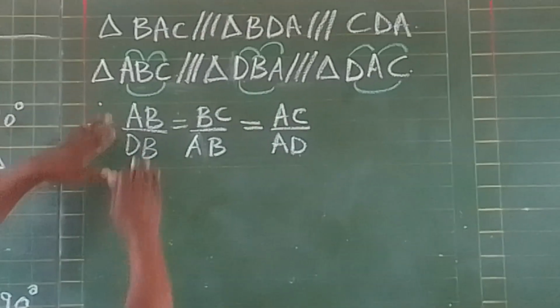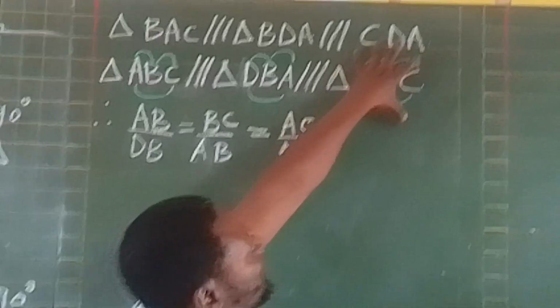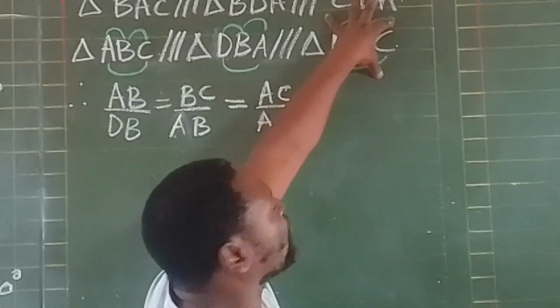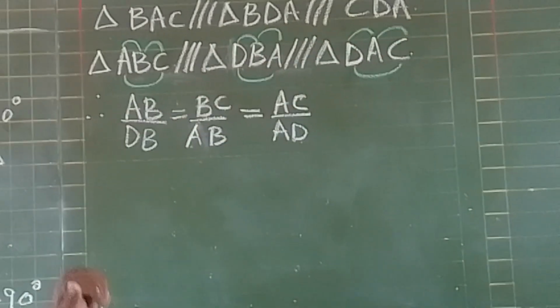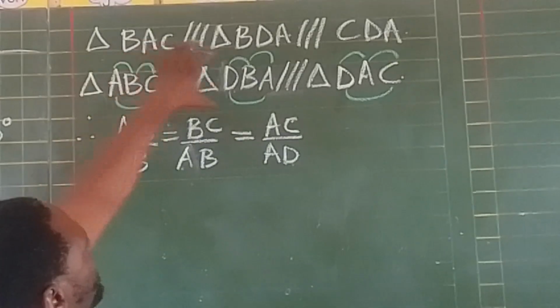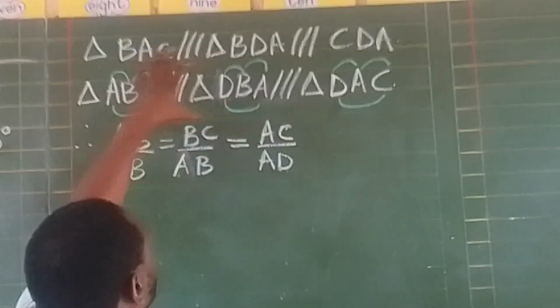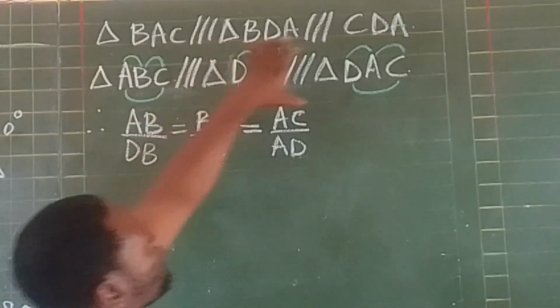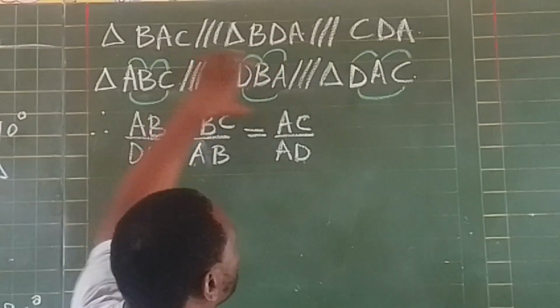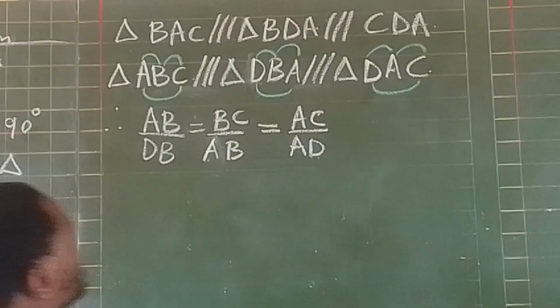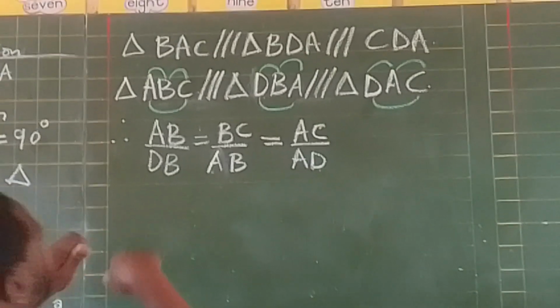The second set, we're going to take this and proportionate it with the second triangle. But we have taken the big triangle with the first small triangle. We're going to take the second triangle with the first big triangle with the second small triangle. Right, this is what we have.